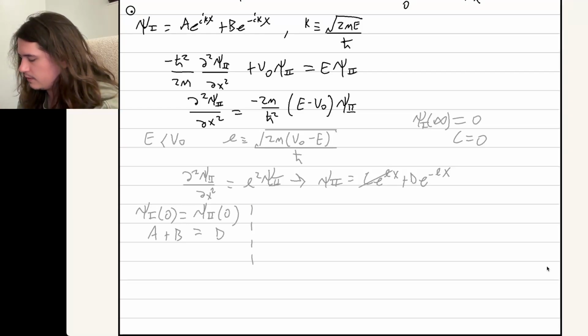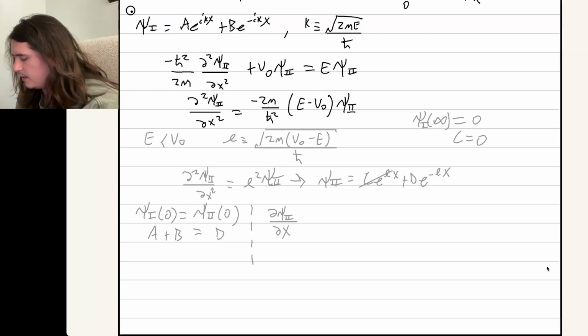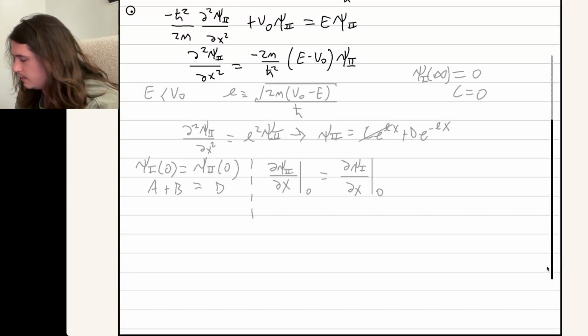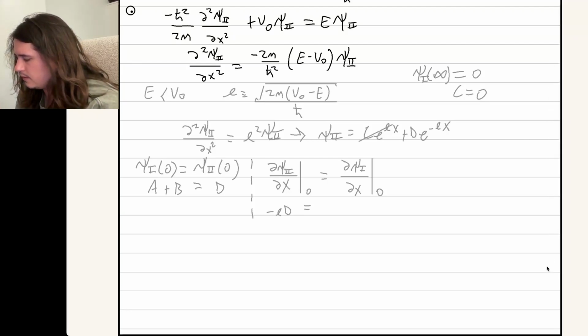We can also look at the condition on the derivative: d psi 2 over dx evaluated at 0 equals d psi 1 over dx evaluated at 0, which is just giving minus L D equals ikA minus ikB. Whoops.